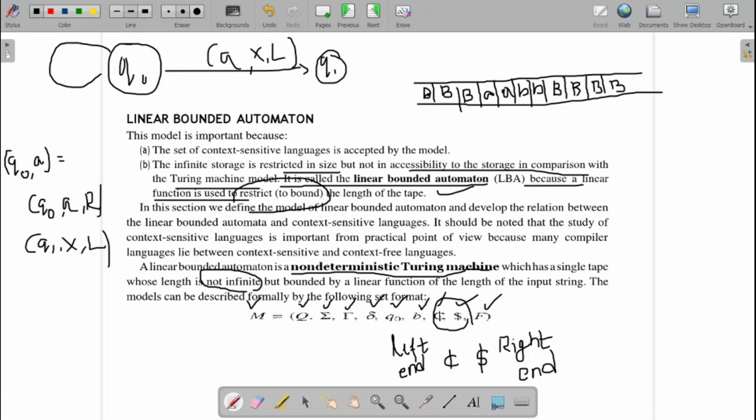Or the other one: I stay in Q naught itself, retain A as A, but move right. So for Q naught on A, we have two transitions. Now for the simulation of such a non-deterministic Turing machine, along with bounds on the input tape, we go for the linear bounded automata.